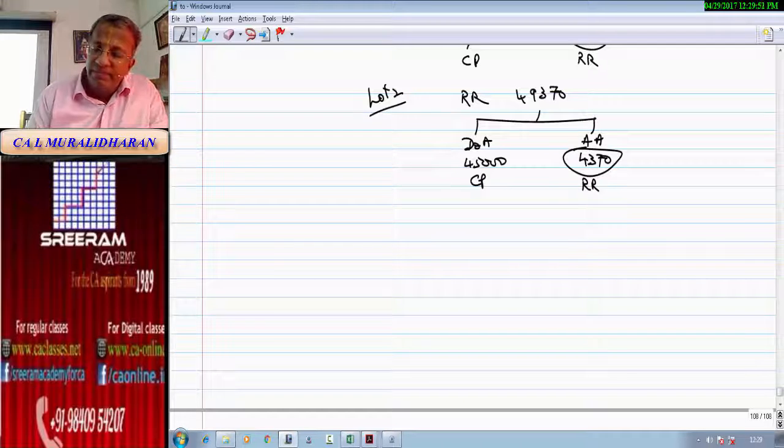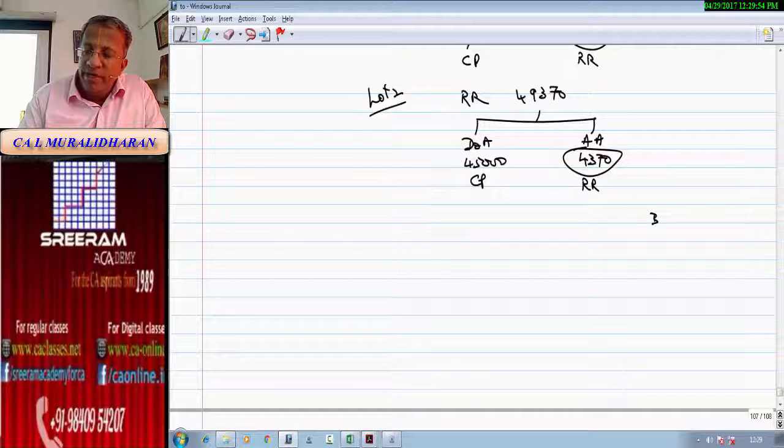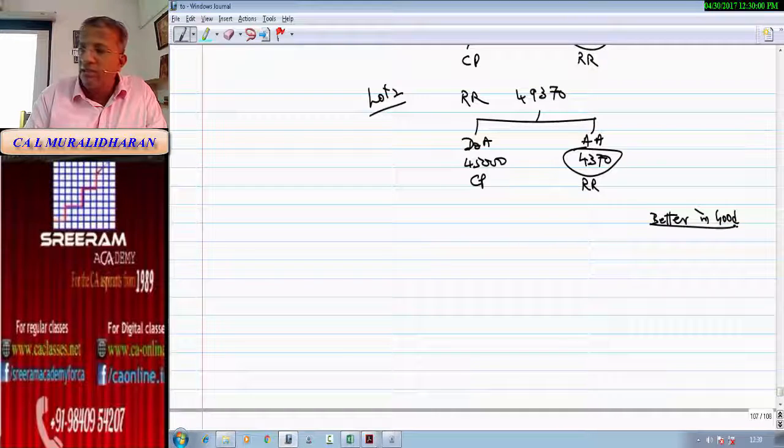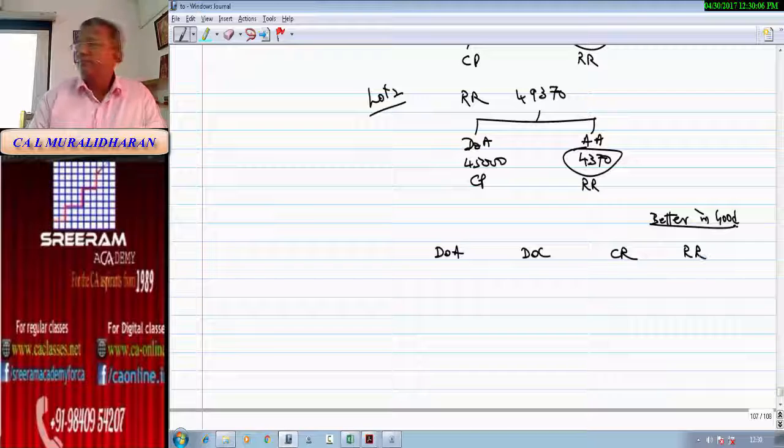So now we will take up Better in Good. Single acquisition only. DOA, DOC, CR and RR.